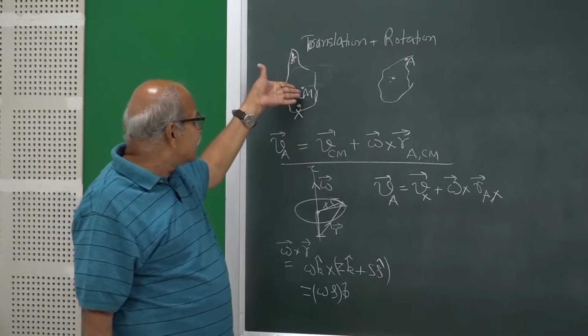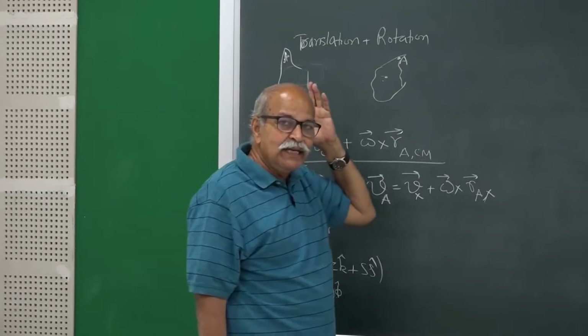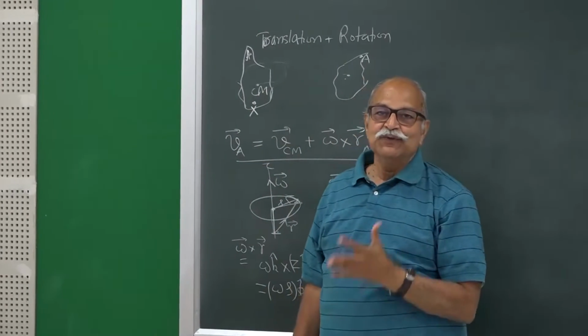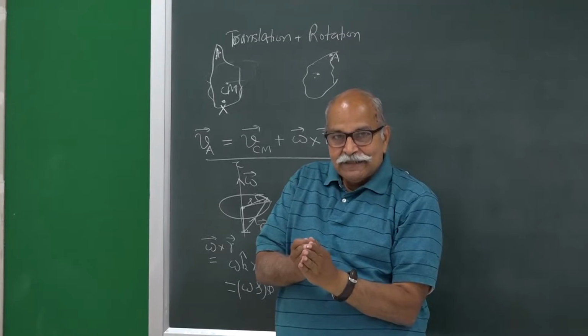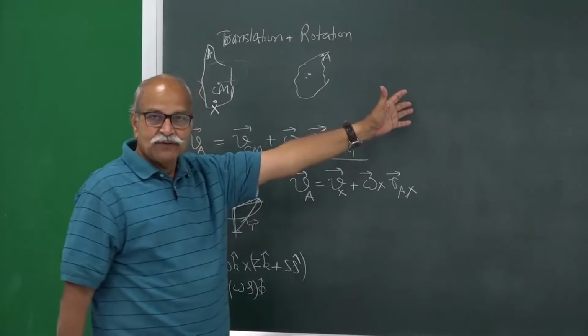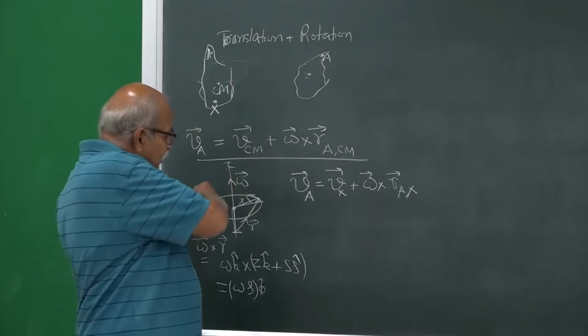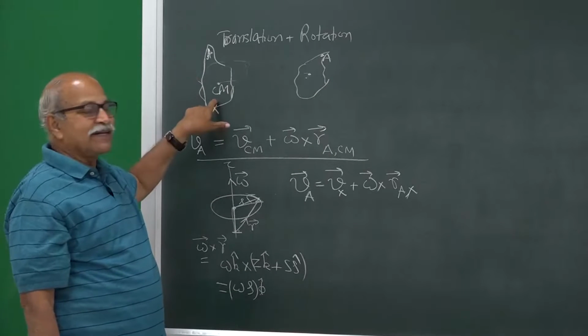So, it is not necessary to have the center of mass, you can choose any point you like, and the translation can be seen with respect to that point going from one place to another. The whole rigid body is going like that, and then there is the rotation about that chosen point x.